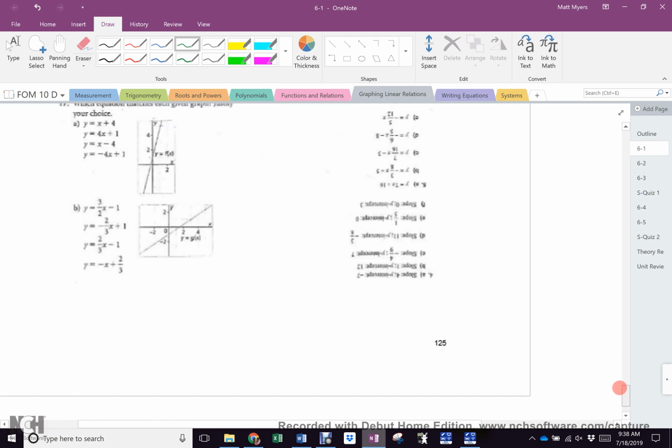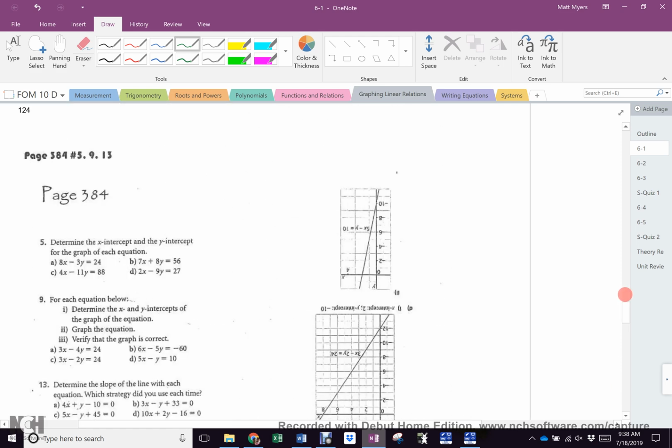I want to keep these 2 lessons of slope together as much as possible, because for some reason kids have trouble with slope. I don't know why. It's on the graph, but kids have trouble with it. So I'm going to give you half an hour to work right now on page 124 and 125. Go.